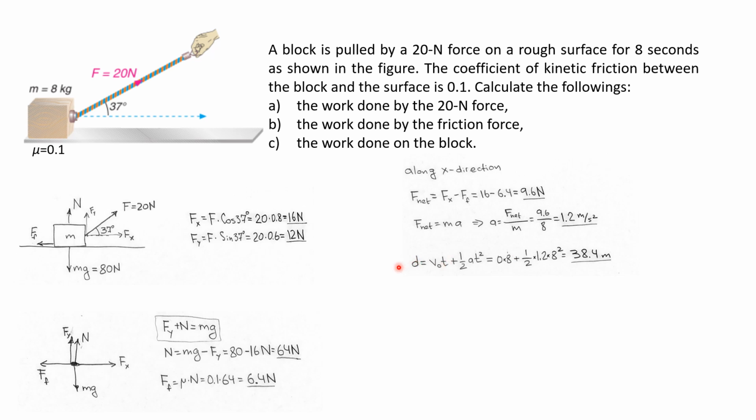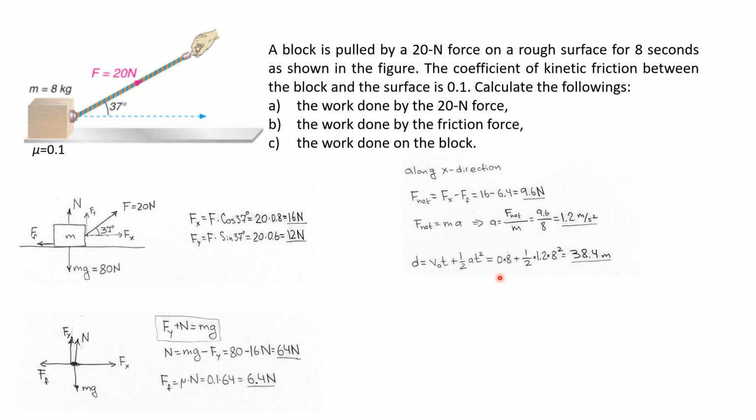We can use this formula for the distance, which is d equals v naught, initial velocity, times t plus 1/2 a t squared. Since the block is starting from rest, we can set this to be 0. So 0 times 8 seconds plus 1/2 times acceleration times 8 squared comes out to be 38.4 meters.